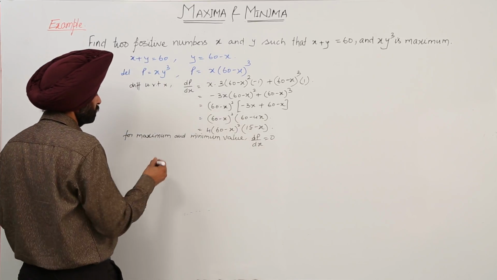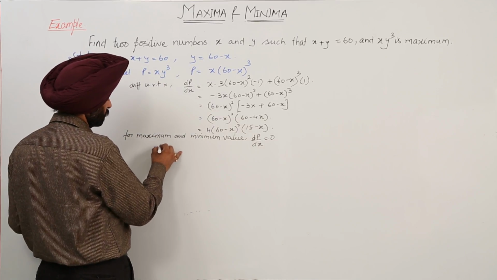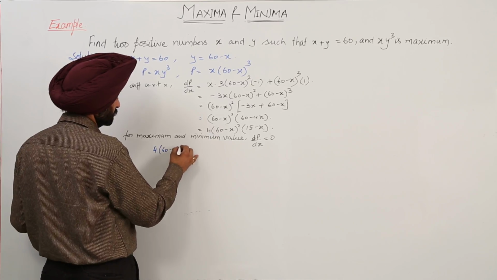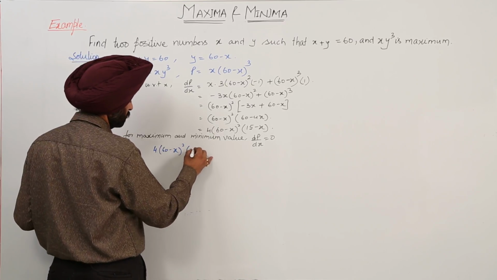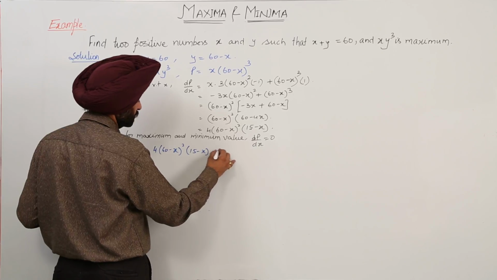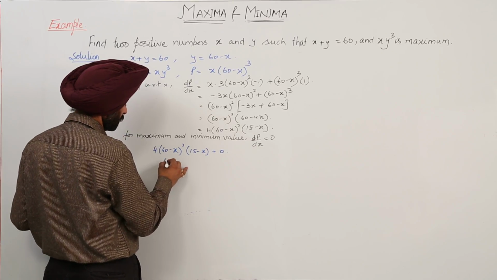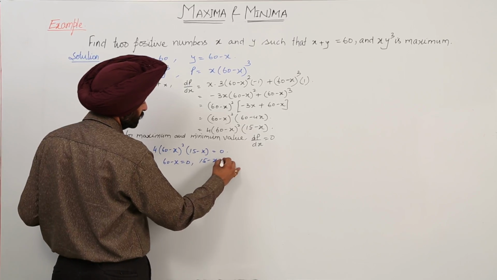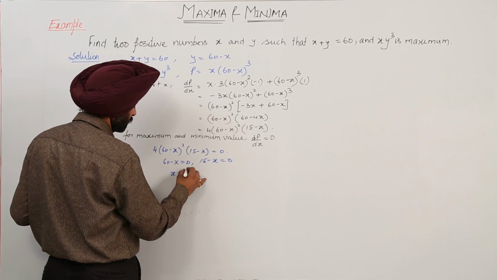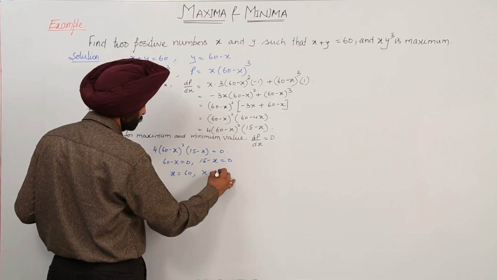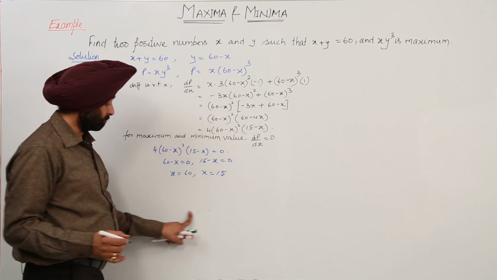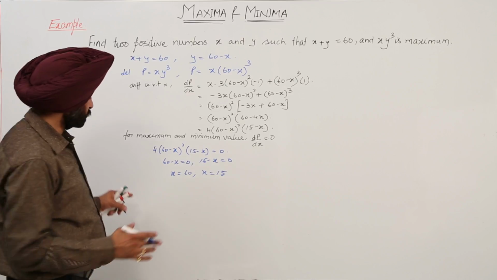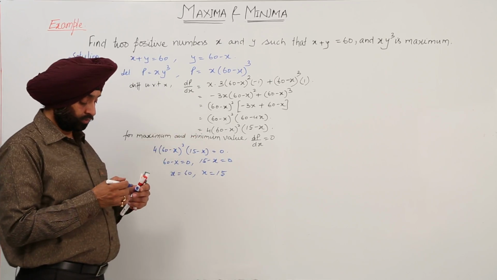So we are having now (60 minus x) whole square (15 minus x) is equal to 0. Now 60 minus x is equal to 0, 15 minus x is equal to 0, x is equal to 60, x is equal to 15. Okay, so we are having two values for x, one is 60 and one is 15.